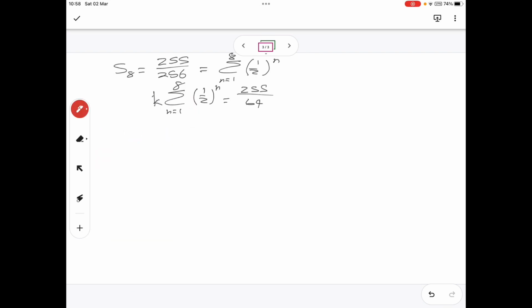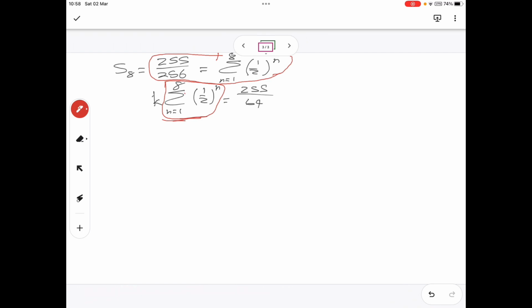There's a reason why I call it out like that. This part here, the 255 over 256, equals sigma notation, upper bound 8, n equals 1 of a half to the power n. That part there is the same as this part here.